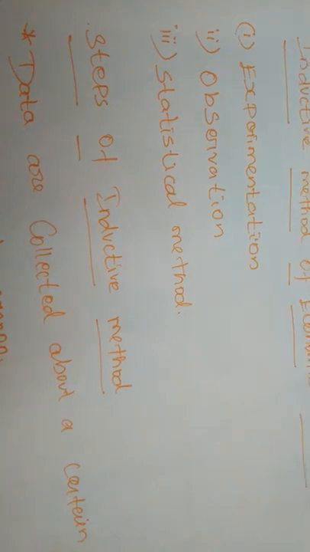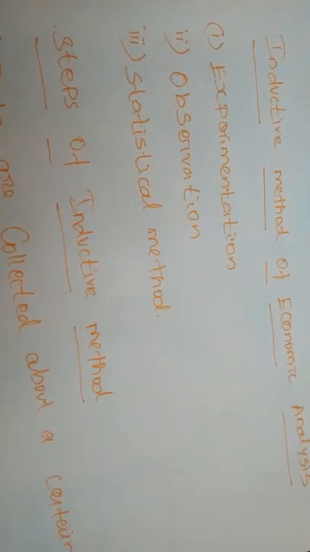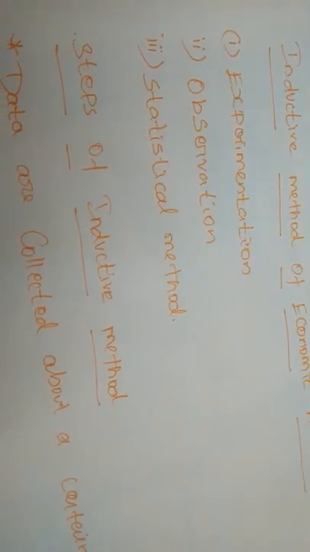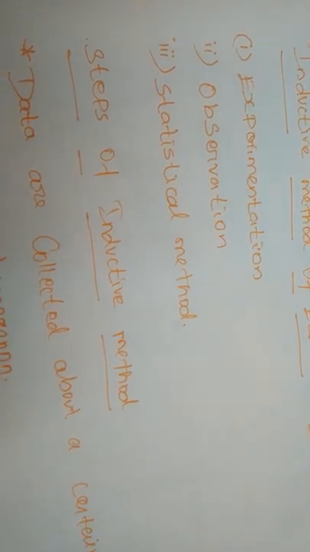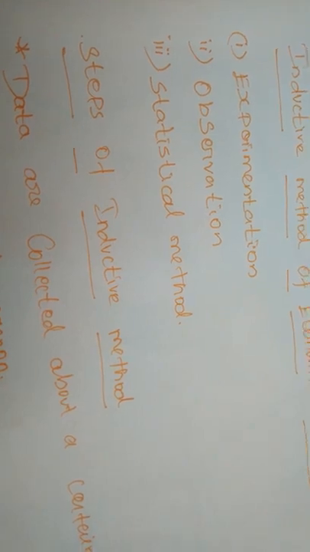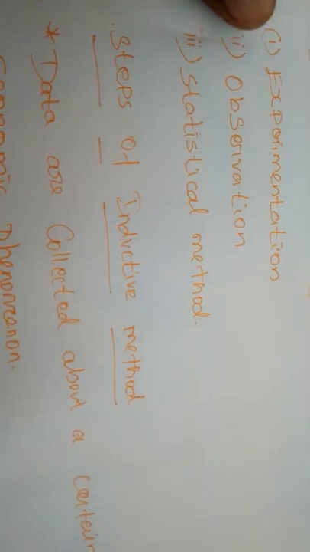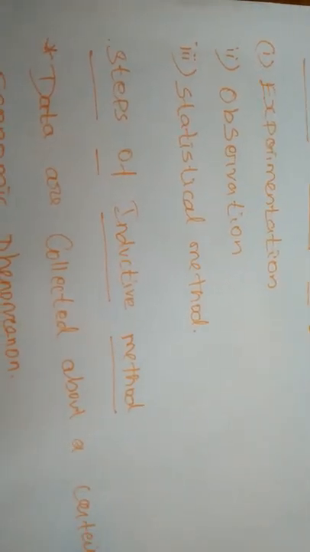For analyzing economic problems by the inductive method, we have to take three concepts. The first is experimentation, the next is observation, and the third is using the statistical method. By experimentation, we can clarify problems of economics.